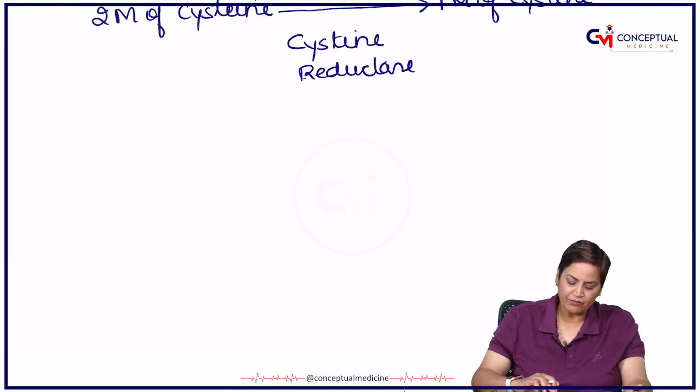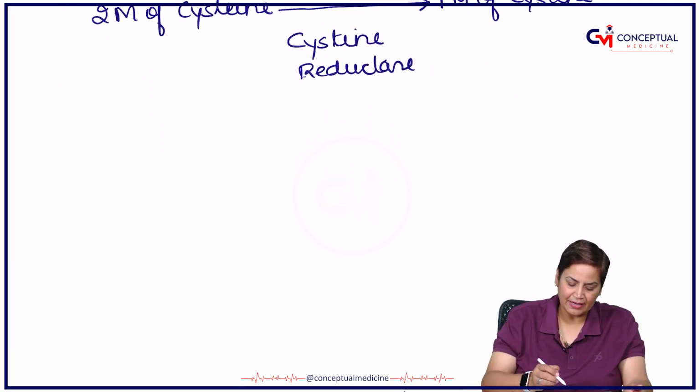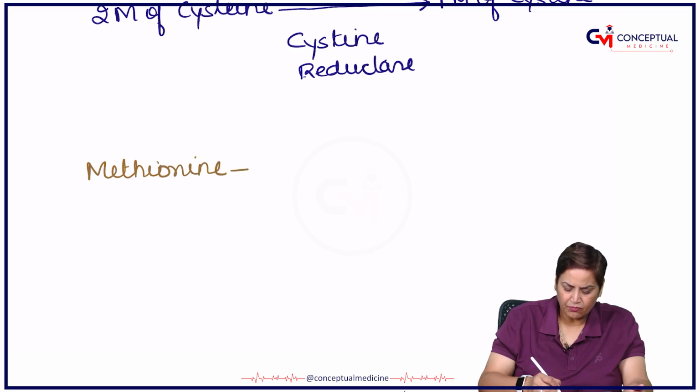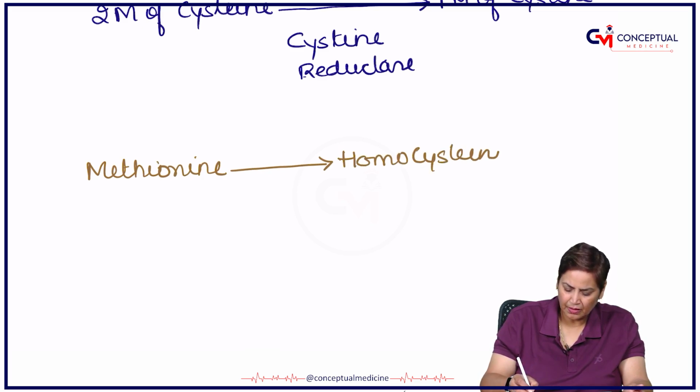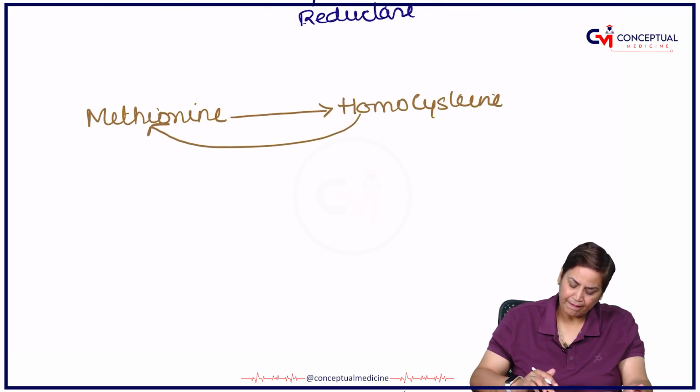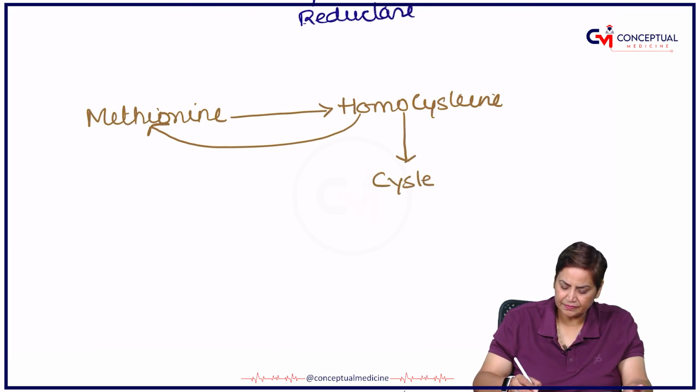So if I have to give the summary of the entire metabolism of methionine, I can simply say that methionine forms homocysteine, right, which is converted back to methionine, homocysteine which can form cysteine, and cysteine which can form cystine.